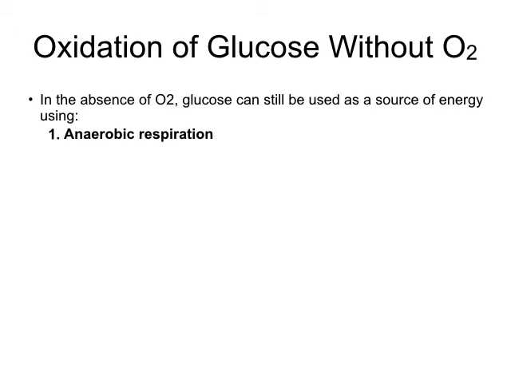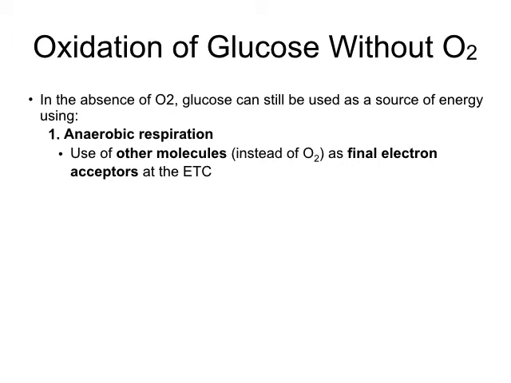We'll learn that in the absence of oxygen, glucose can still be used as a source of energy using one of two processes, anaerobic respiration or fermentation. Anaerobic respiration, which is without oxygen, is exactly like aerobic cellular respiration, except it uses other molecules instead of oxygen as the final electron acceptors at the electron transport chain.